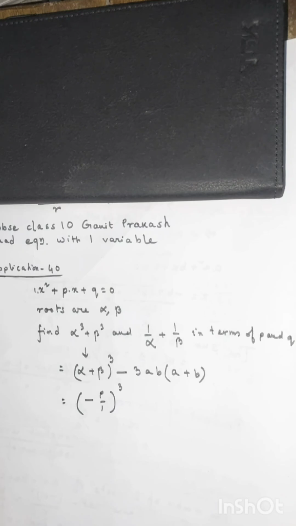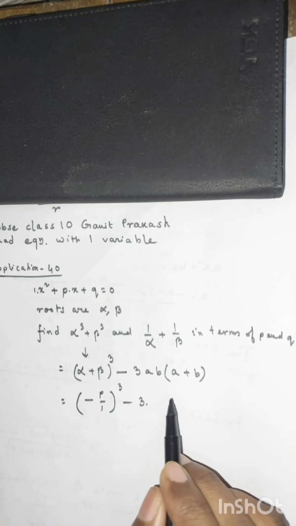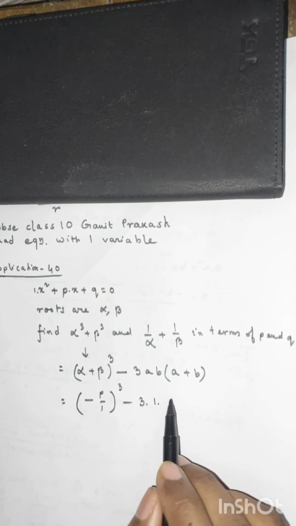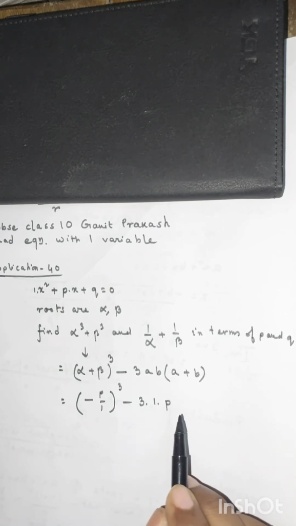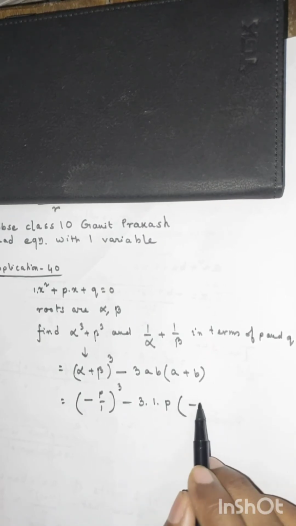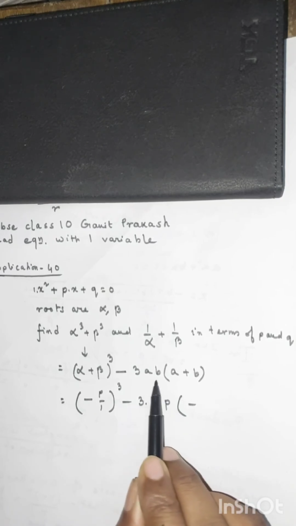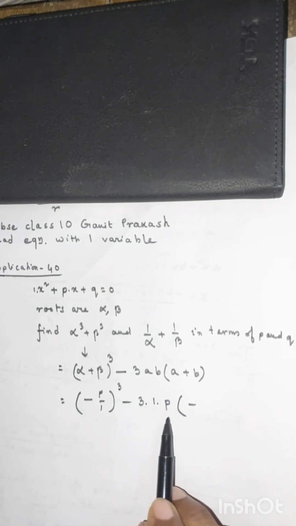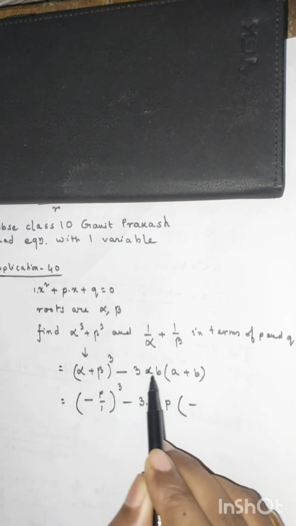So minus p by 1 whole cube minus 3 into alpha beta, the product of two roots. Sorry friends, this is alpha and beta, not a and b.